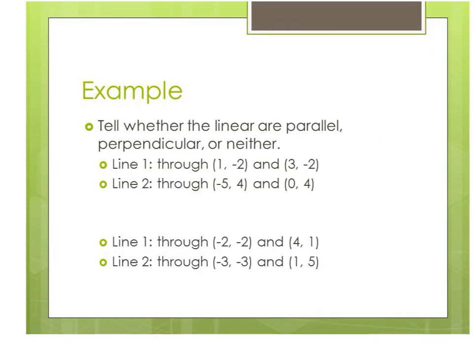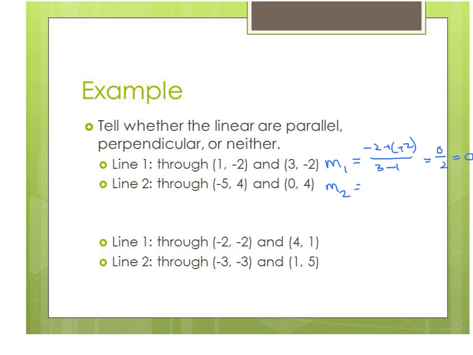So our final question is, are the lines parallel, perpendicular, or neither? And you just need to find the slope of each line. You can use any kind of notation, so maybe I say slope of 1 and slope of 2, just so I can keep them straight since they're called line 1 and line 2. -2 minus a -2 over 3 minus 1, so that is 0 over 2, which is 0.